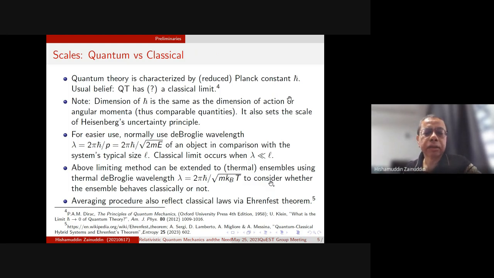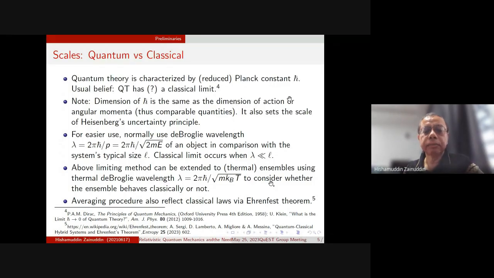you normally use the concept of the de Broglie wavelength. One can compare the de Broglie wavelength of, say, a particle with the system being considered. This could be two things: the system being the object itself, the particle itself, or the system with which it interacts. When it interacts with, say, an array of atoms, then you can get a diffraction pattern.